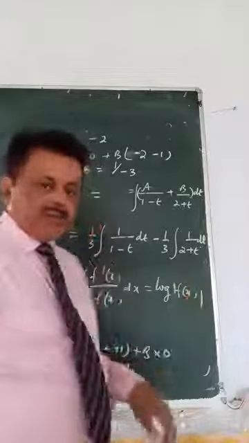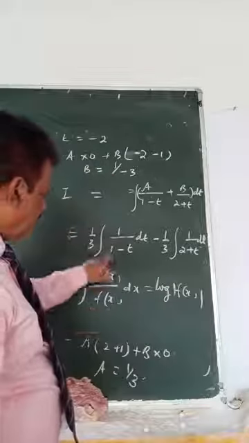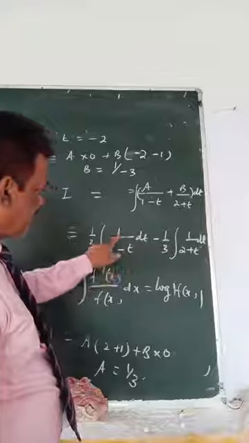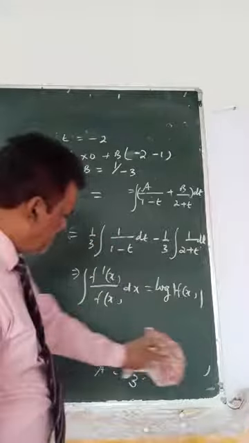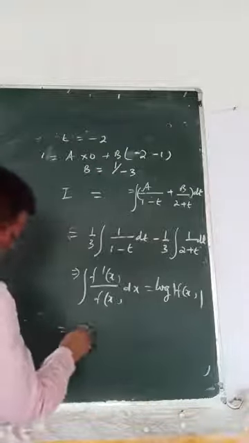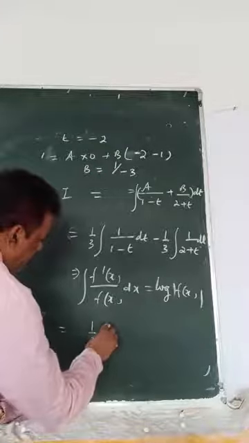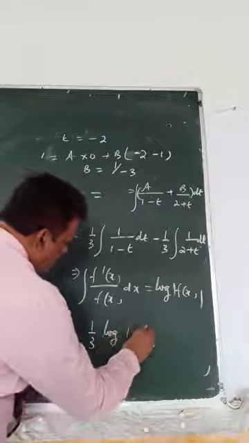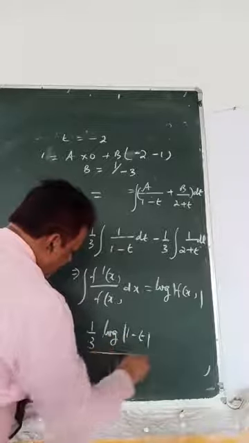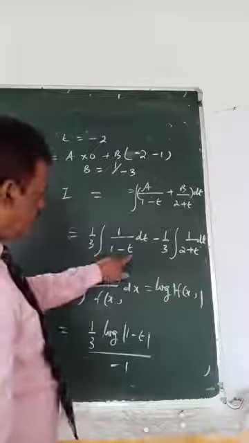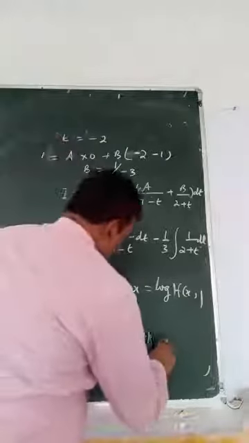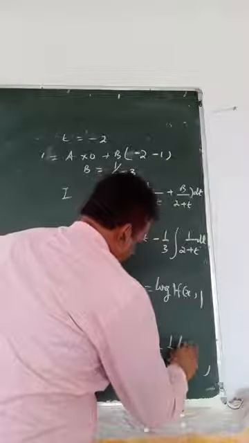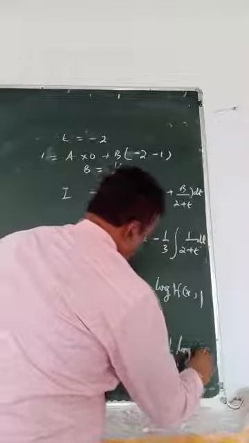But there is a problem here. What is its derivative? It is minus 1. So minus 1 I divide. That will be 1/3 log of 1 minus t divided by minus 1, then minus 1/3 log 2 plus t.